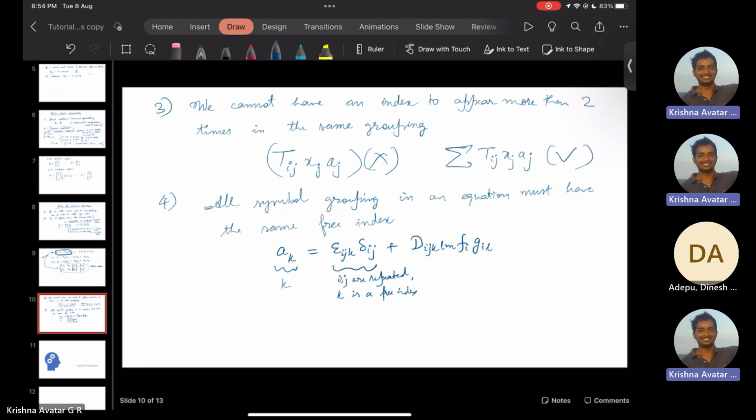Let's go to the second symbol grouping. In this case, we have d_ijklm f_i g_jl. I is repeated, j is repeated, l is repeated. So we have three repeated indices which are I, j, l. However, k and m appear once.